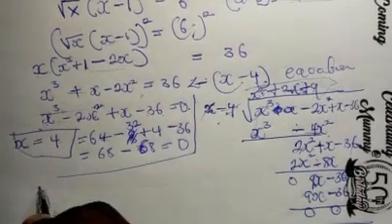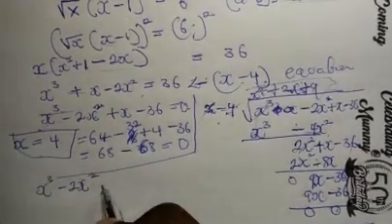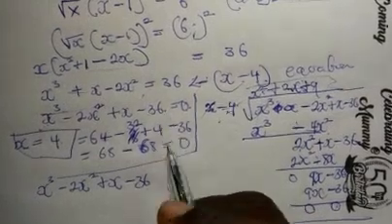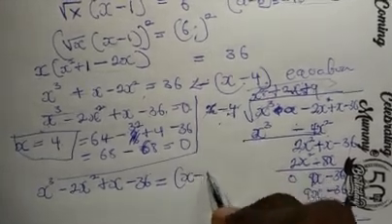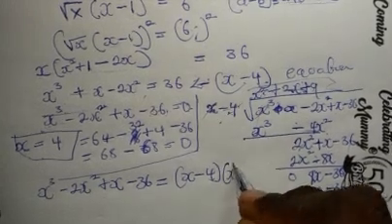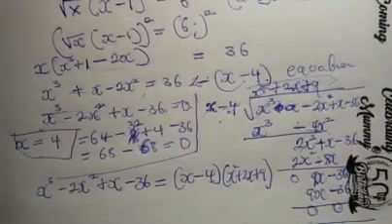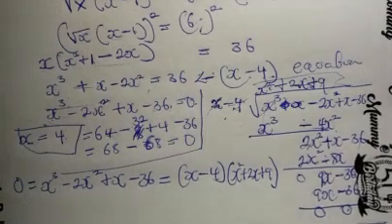Therefore, you can just write it out as s to the power of 3 minus 2s squared plus s minus 36. Now we said this is equal to 0. So this is equal to s minus 4 times s squared plus 2s plus 9, and all this is equal to 0. Don't forget.